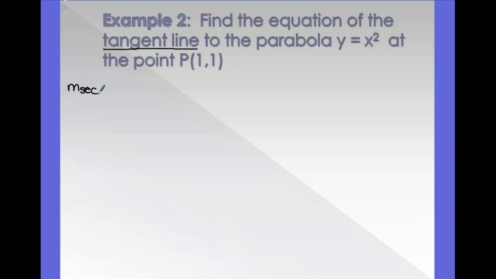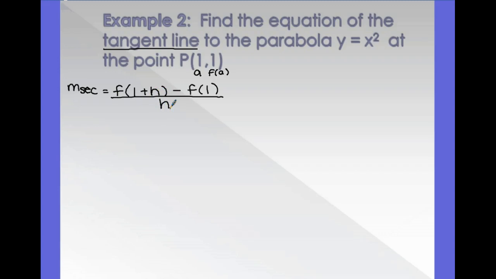The slope of the secant is f of a plus h, which is 1 plus h, minus f of a, which is 1, all over a plus h minus a, which always ends up just being h.